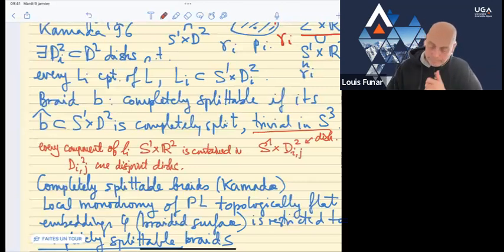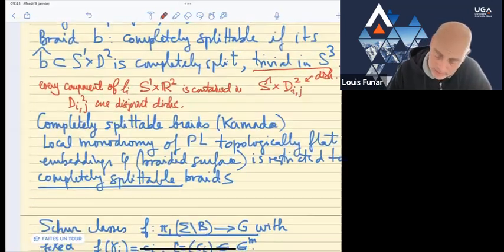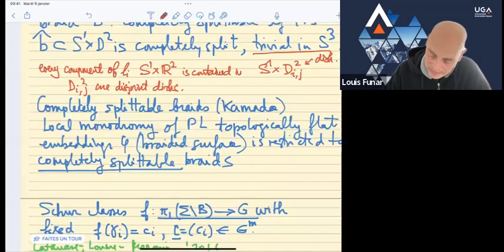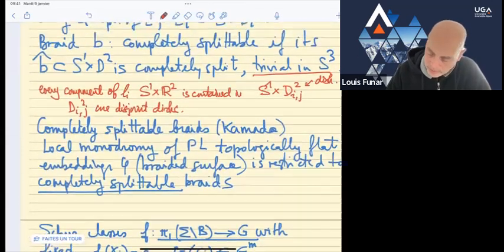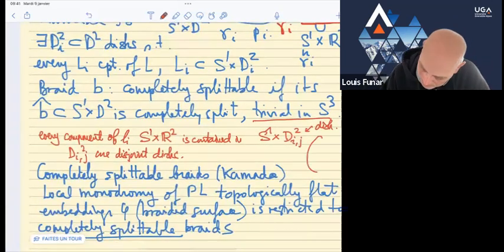Okay. So now I can say it like that. A completely splittable braid is a braid such that every component is contained in some, let's see, here is the solid torus, and here there are some smaller solid tori, which contain each one component.